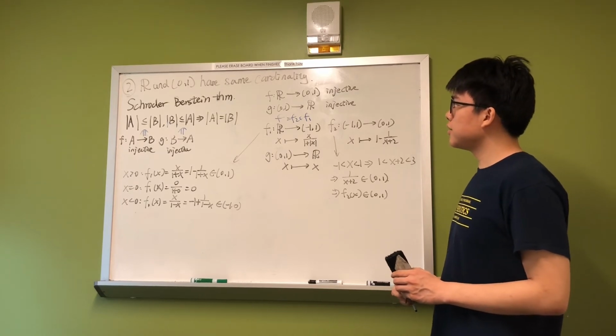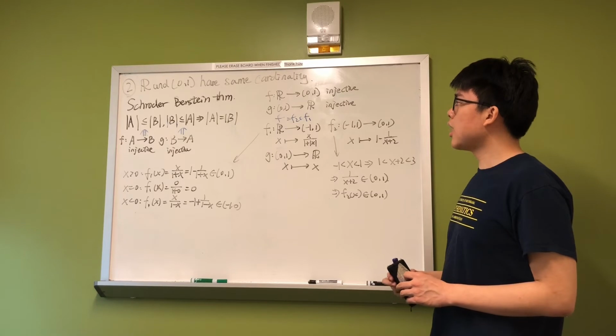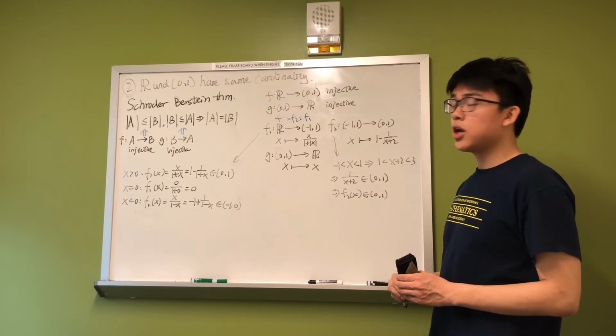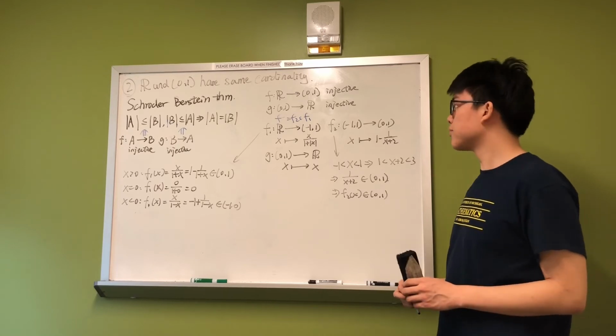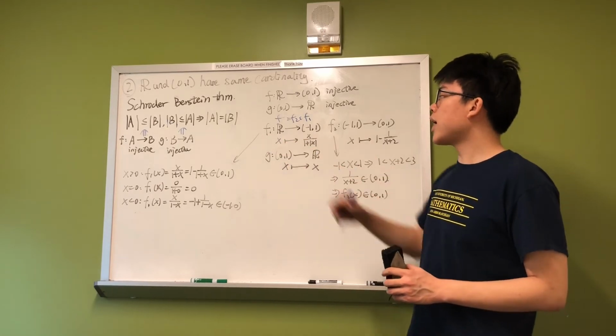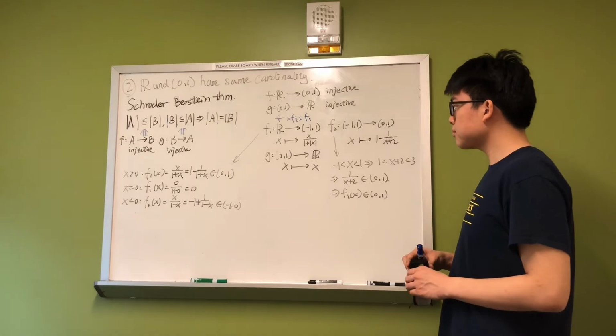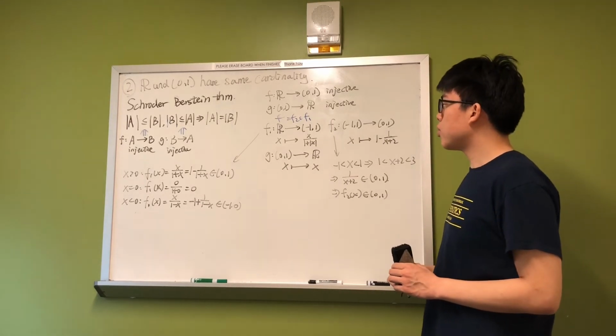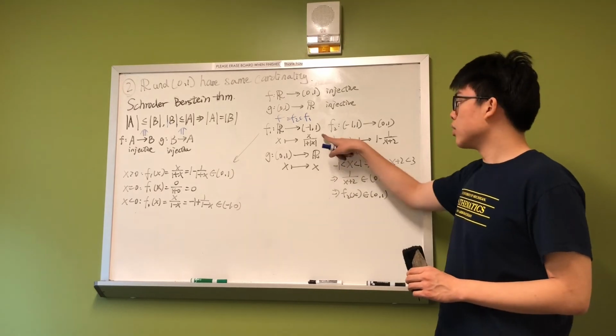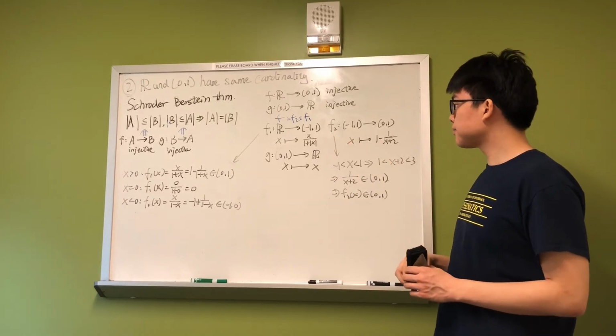So I find two sub-functions, f1 and f2, and let f be f2 composed with f1. Here's how I define f1. f1 maps from R to (-1,1), and f1(x) equals x over 1 plus the absolute value of x.